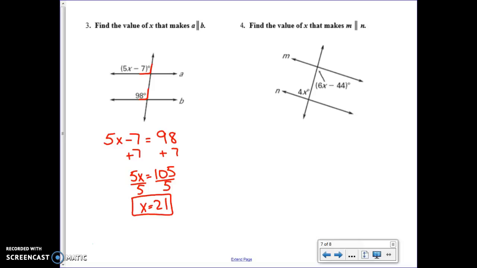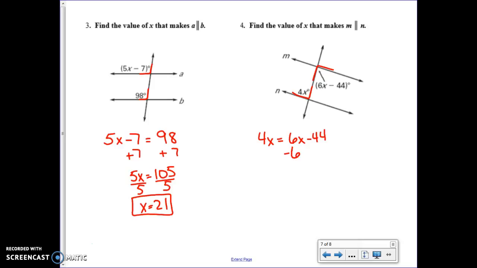Then if I look at example 4, it looks to me like 4x and 6x minus 44 are on opposite sides of the transversal, and they're both on the inside. So those are alternate interior angles. And again, alternate interior angles should be congruent to each other if those lines are parallel. So 4x equals 6x minus 44 is how we would set that up.